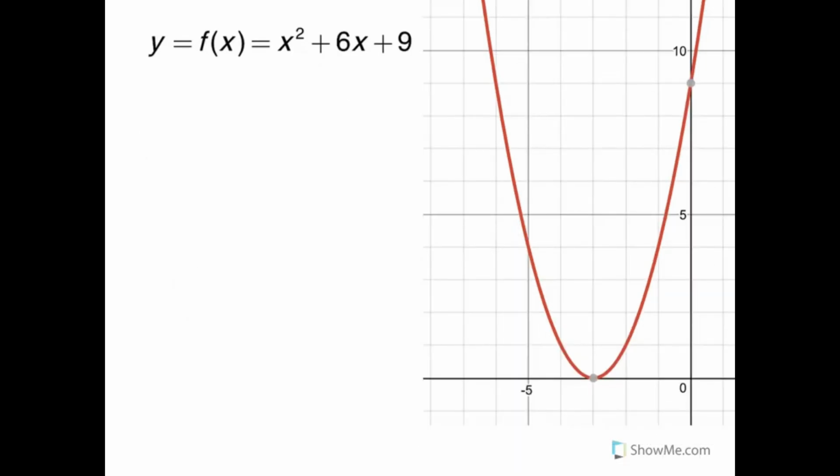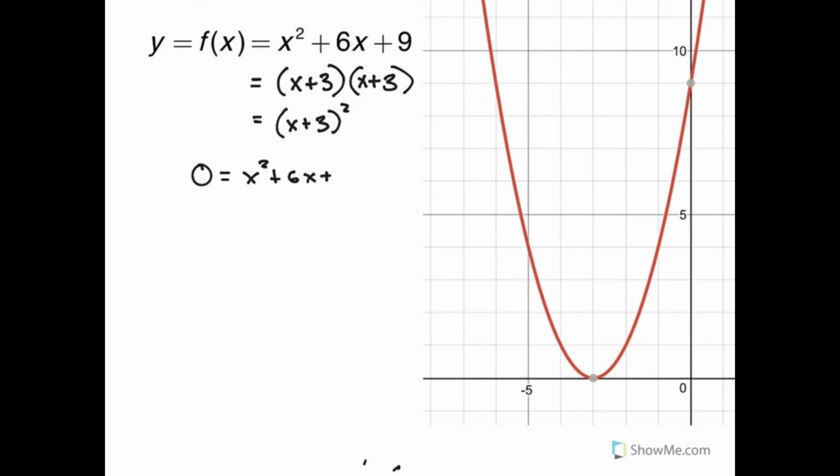The last graph I want to show you is the graph of a perfect square quadratic. X squared plus 6x plus 9 factors. It's x plus 3 times x plus 3, or x plus 3 squared. So the only root of this equation, 0 equals x squared plus 6x plus 9, is when x equals negative 3.